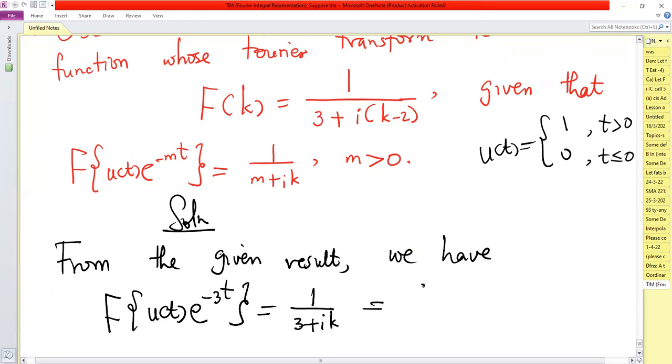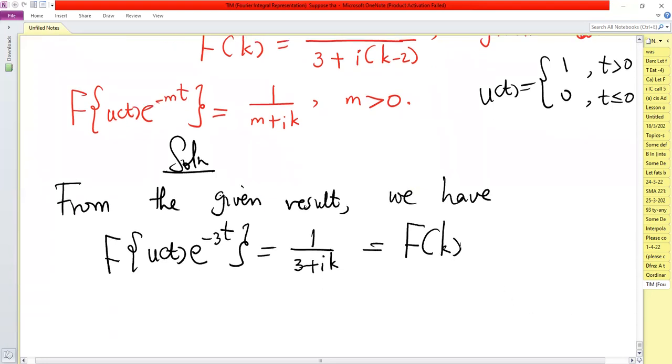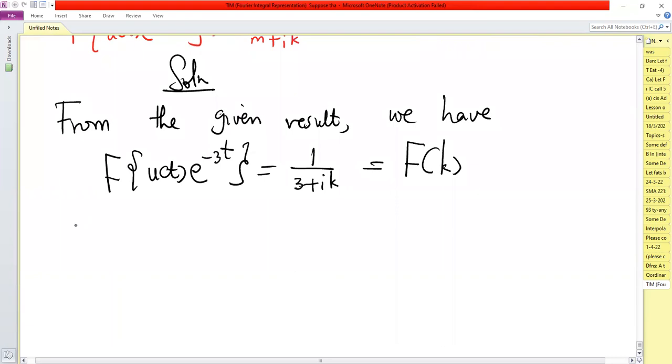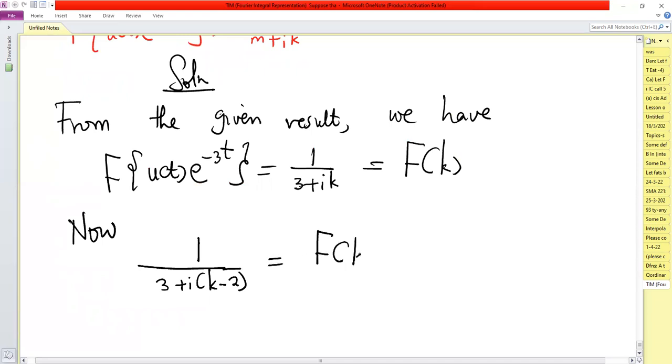So this is what we'll call F(k). Now, the given transform 1/(3 + i(k − 2)) would simply be given by F(k − 2). If you know this F(k), then obviously this must be F(k − 2).